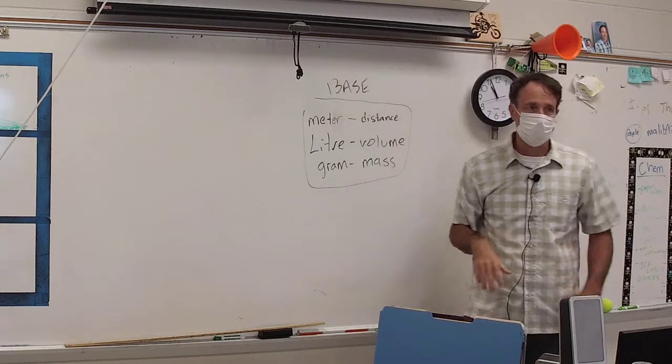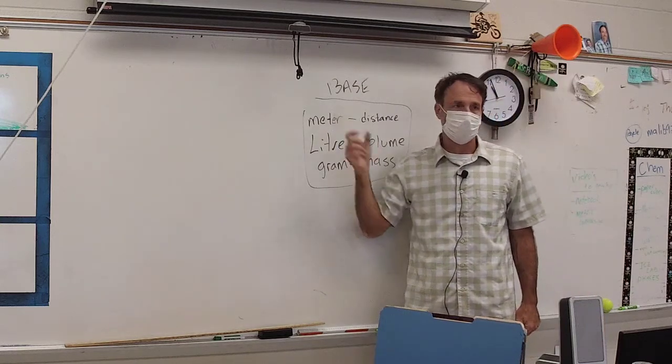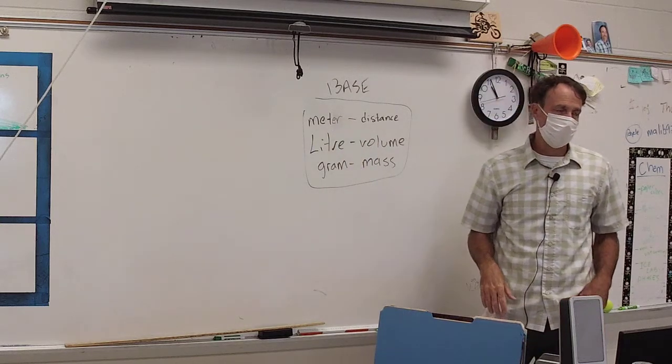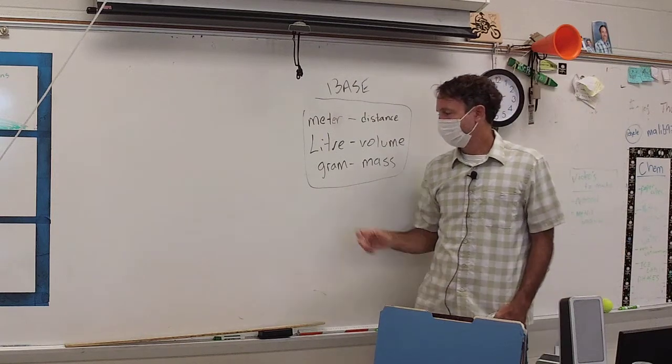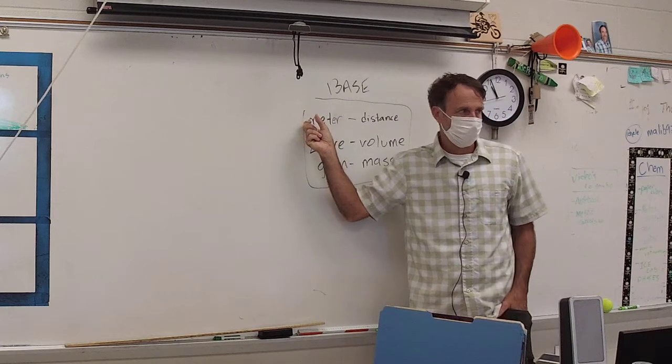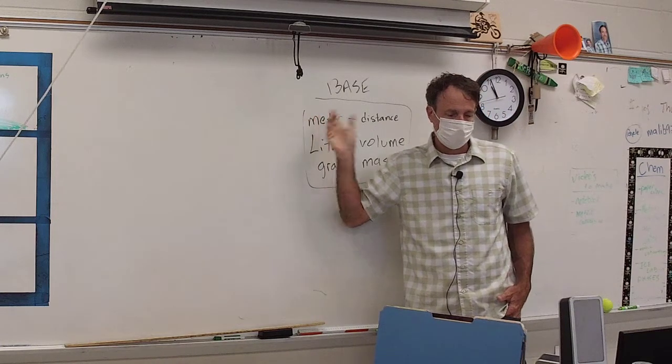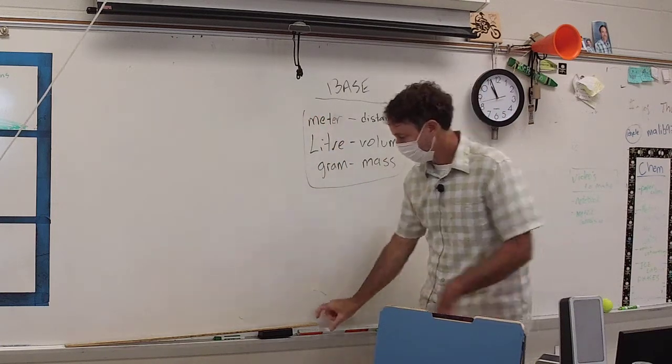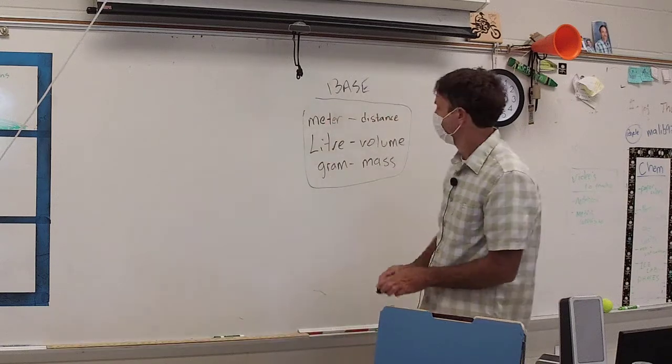So when we talk about grams and liters and meters, that will be like us talking about pounds and ounces and feet in the U.S. and nowhere else. Right, so I'm going to get rid of this.